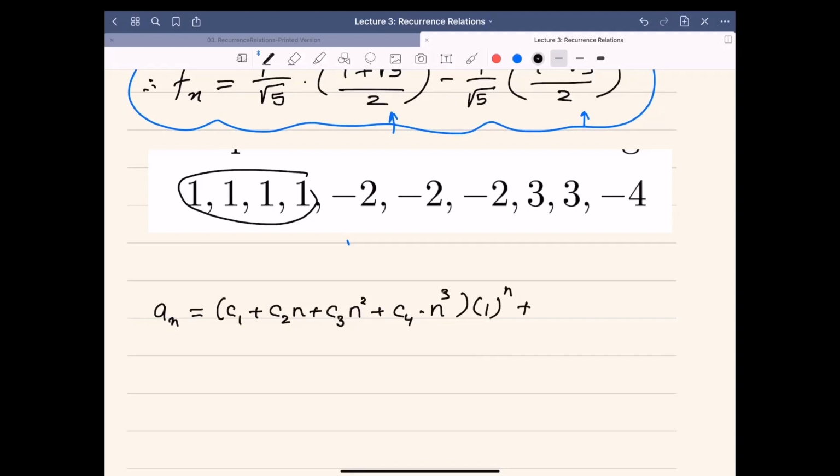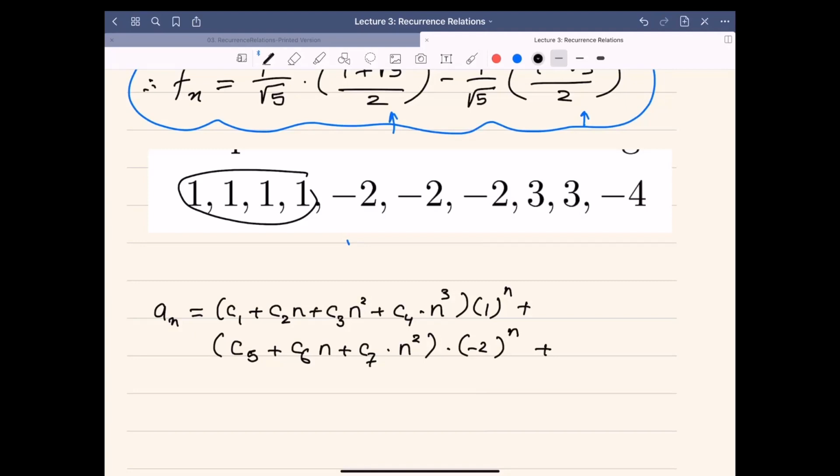Now minus 2 is repeated 3 times. We have used c1, c2, c3, c4, so we need to start with new constants. So it will be c5 plus c6n, and since it is repeated 3 times, we go up to degree 2, and this is multiplied by minus 2 raised to power n.